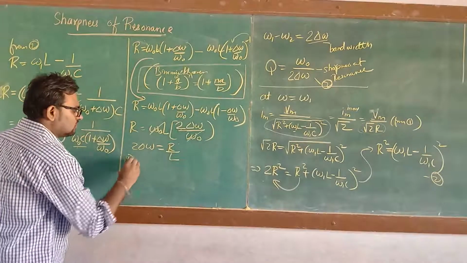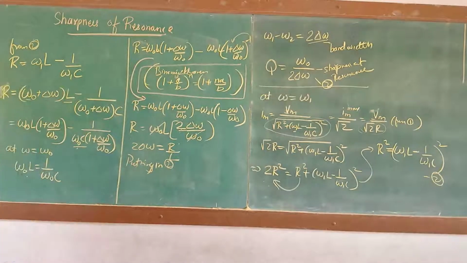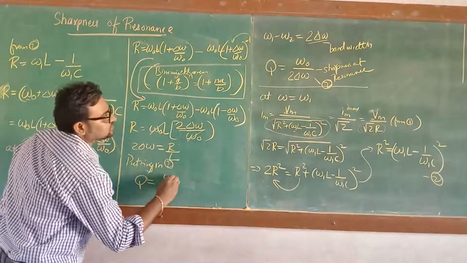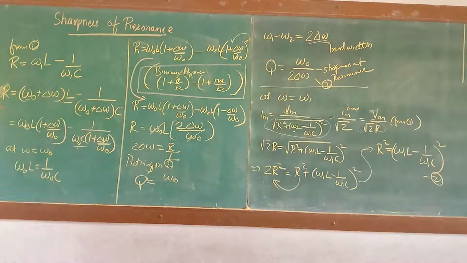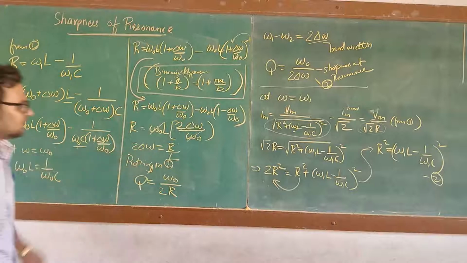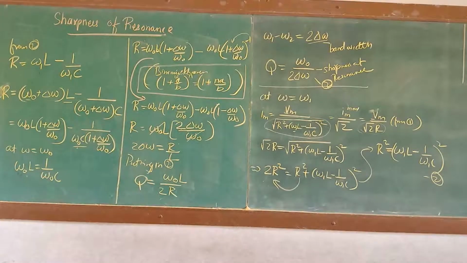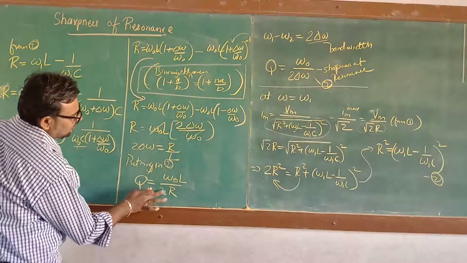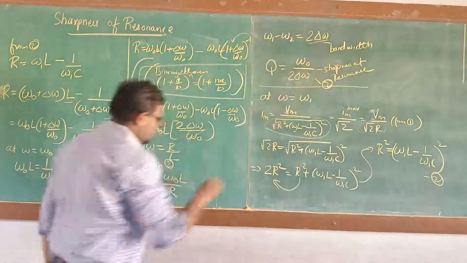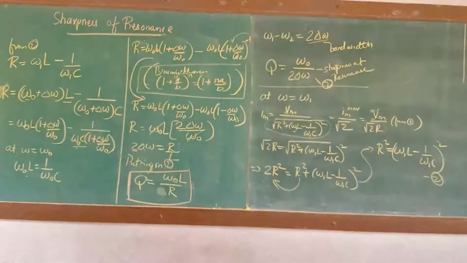Putting this in, what will we get? Q factor, Q will be equal to omega 0 upon 2 delta omega, which is omega 0 L by R, not 2R, only R, because the 2 is already in 2 delta omega, which is replaced by R by L. So this is the sharpness of the curve, or I will say the Q factor.